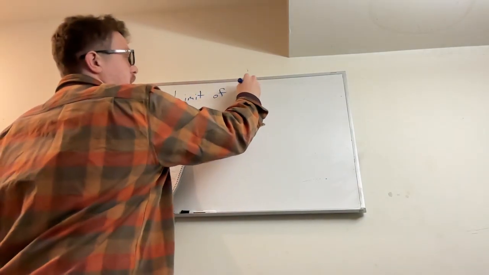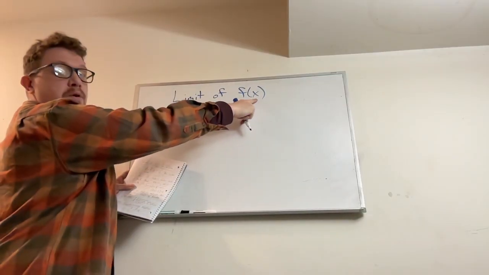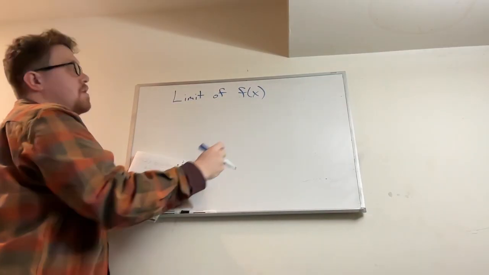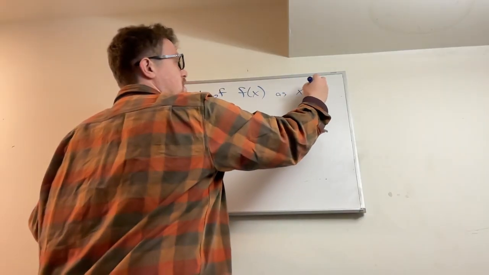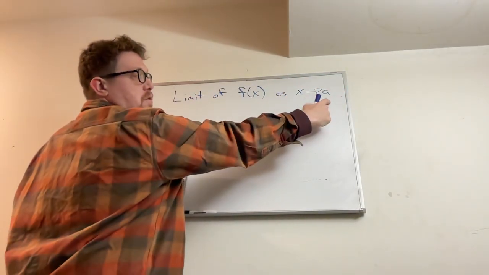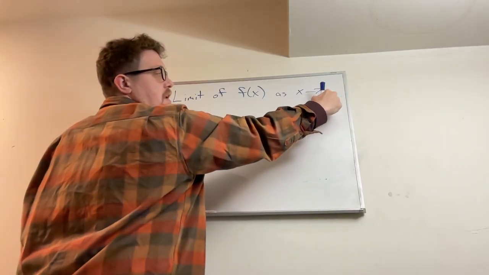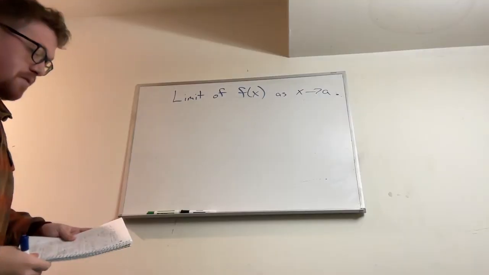limit of f of x. So f of x is a function, right? X represents the input, and f of x is the output. So limit of f of x as x approaches a, and usually we'll write as x arrows to a, or x approaches a from just x approaches a. It could be from the left or from the right if we don't specify.